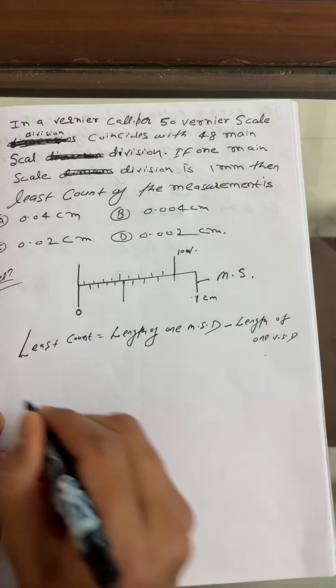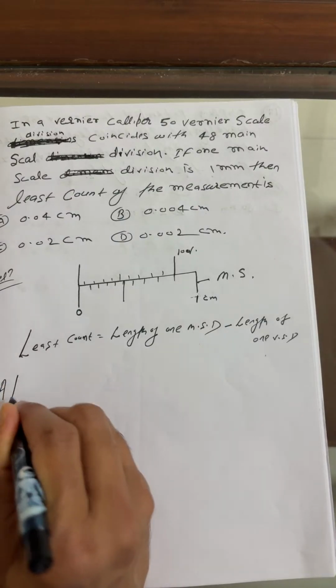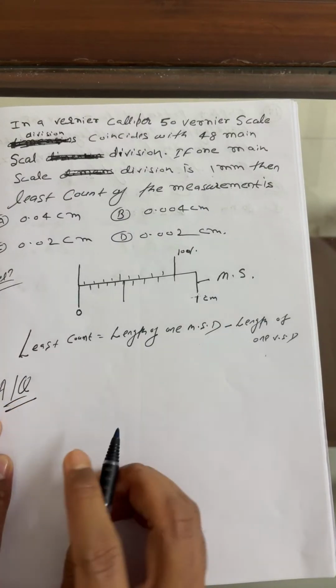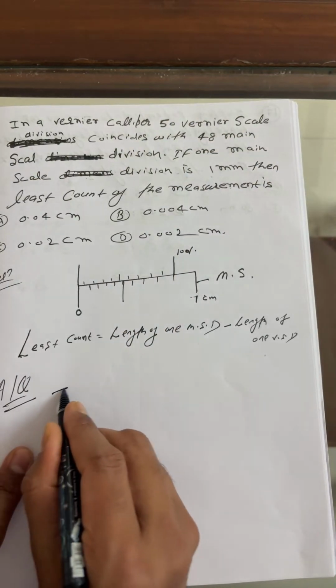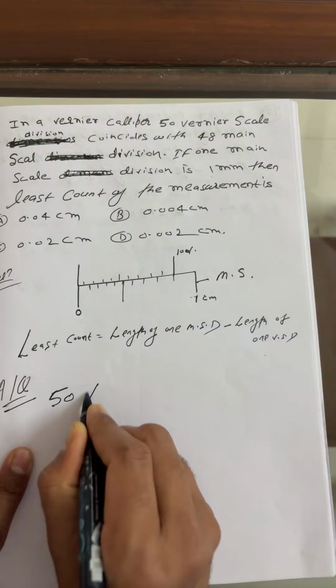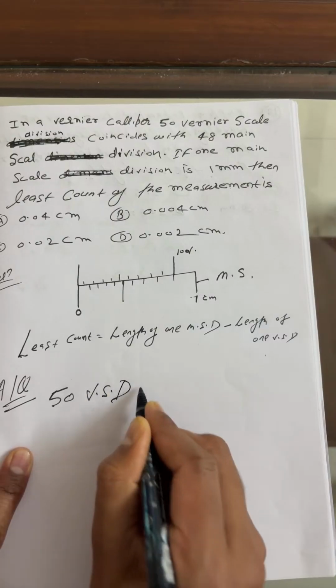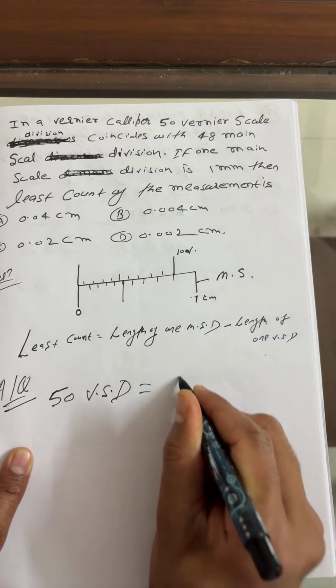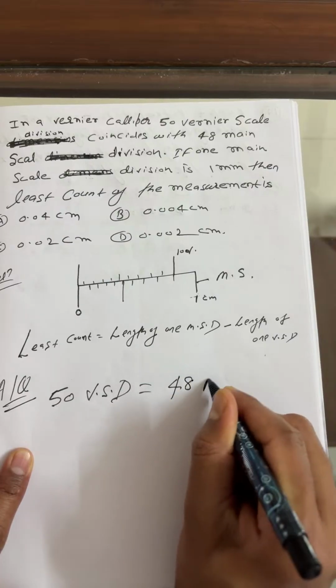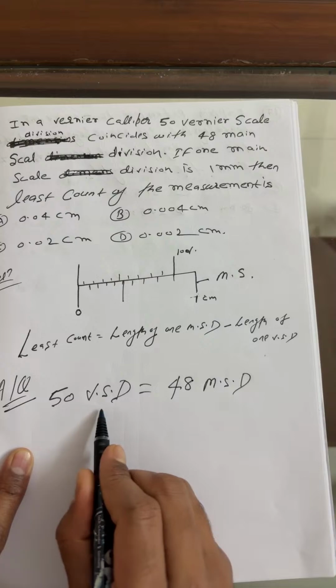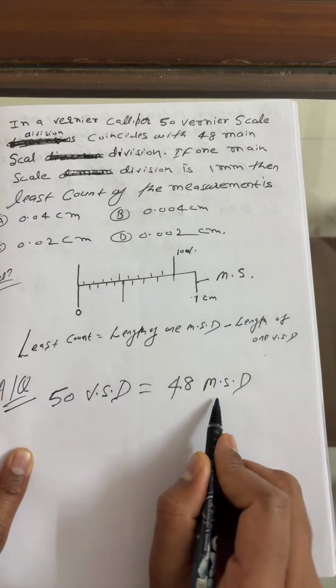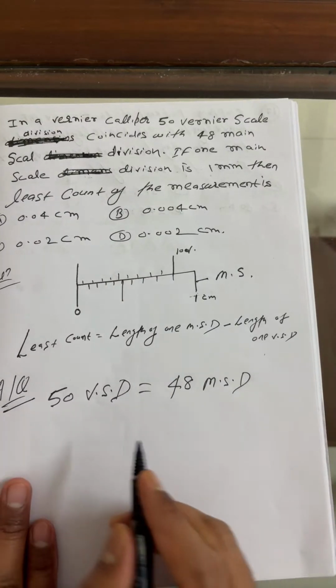Students, you can find VSD according to the question, my dear. They mention 50 vernier scale divisions. So you can write 50 vernier scale divisions is equal to what, students? 48 main scale divisions. That is the point.